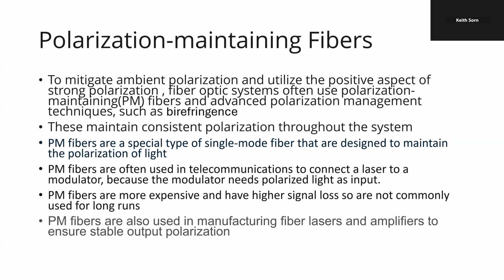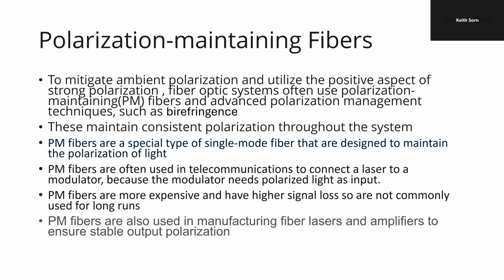All right, there is such a thing. If we're inducing polarization, we have to make sure that it doesn't deteriorate as we send it down the line. So there are polarization maintaining fibers. These maintain consistent polarization throughout the system. PM fibers are a special type of single mode fiber designed to maintain polarization.